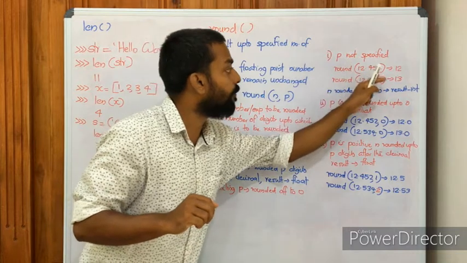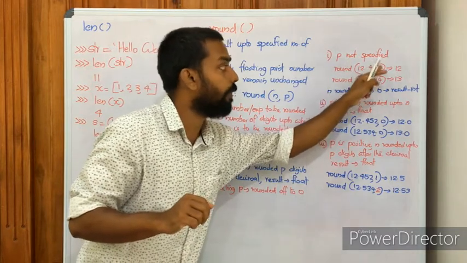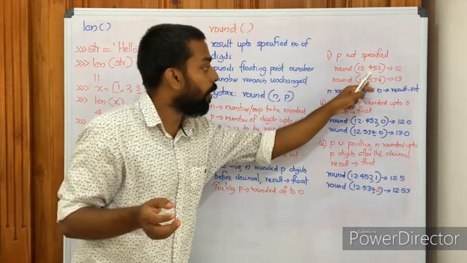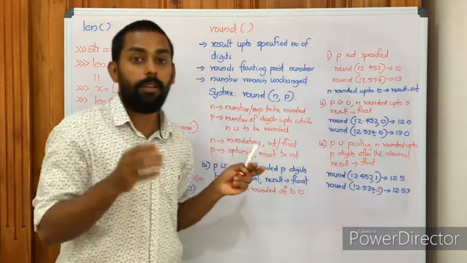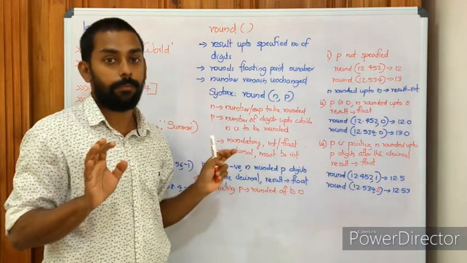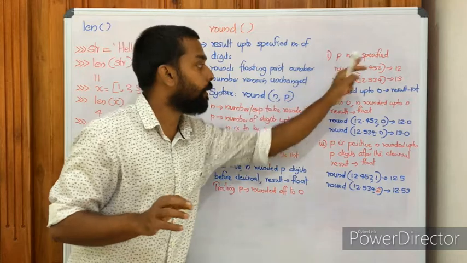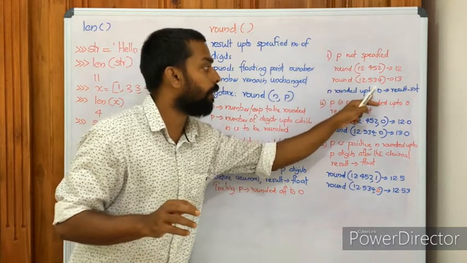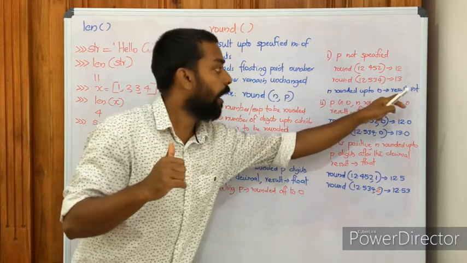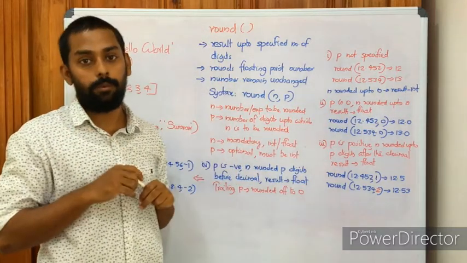Round of 12.452 returns 12. Then round of 12.534 returns 13. We know 12 and 13 are integer values. If p is not specified, n will be rounded up to 0 digits of decimal, and the result will be an integer value.